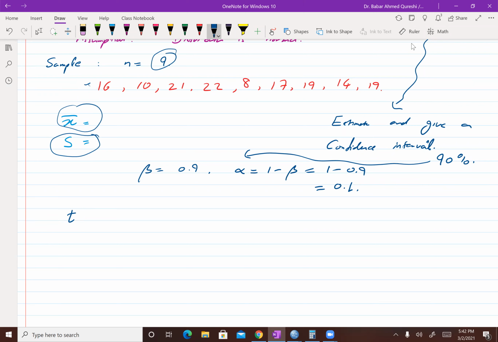Depending on the sample size, the distribution is slightly different. So over here, you have to put n minus 1, and this value alpha by 2. Which becomes for us t8 with 0.05.